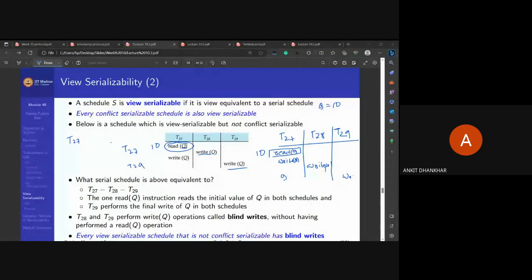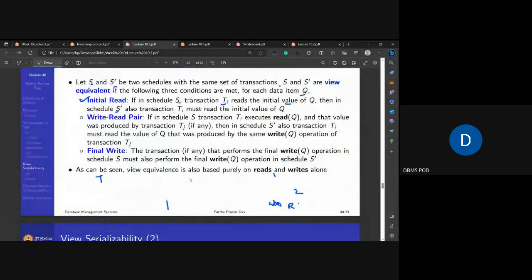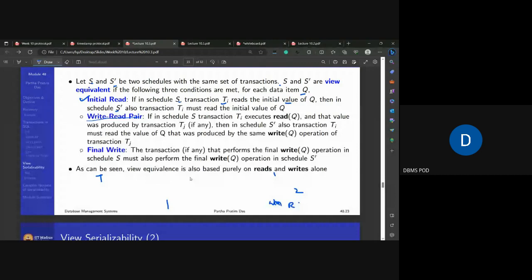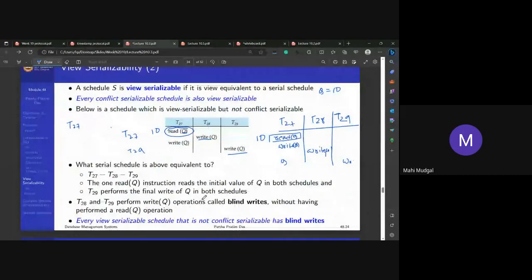We have to check that whatever reads first reads first in all instances, and whatever writes last writes last. Then you also have to check the write-read pairs. In this example there are no write-read pairs, but we have to check them. Sir, can you quickly go through this example again for checking view serializability?